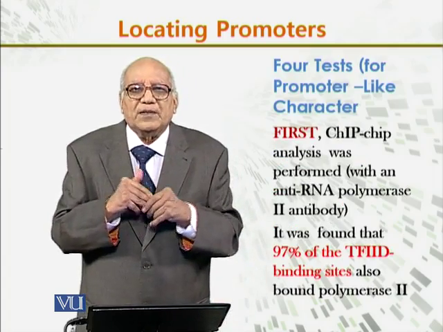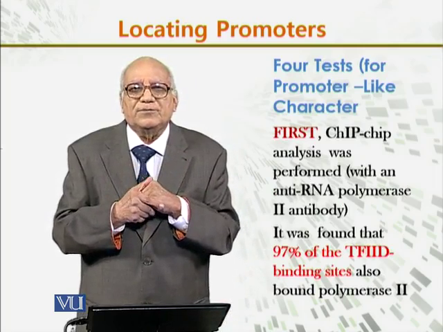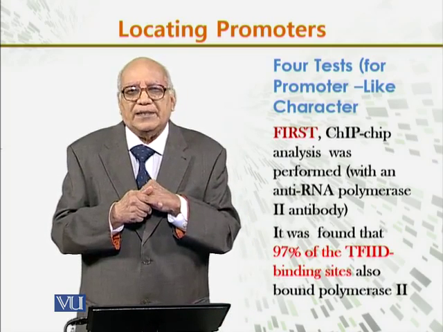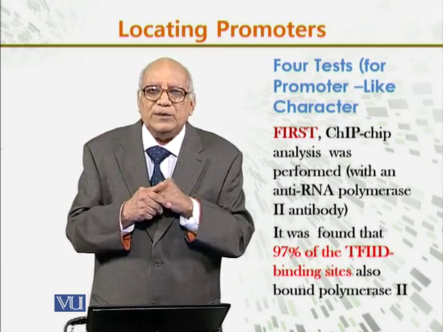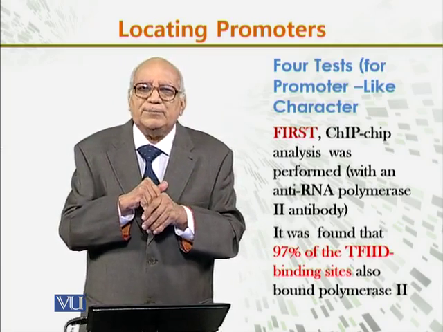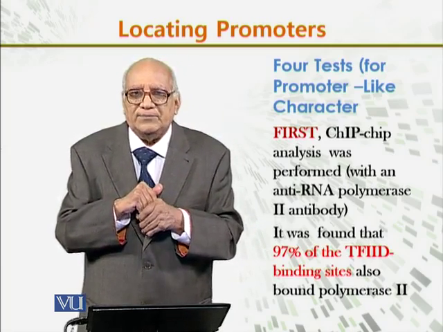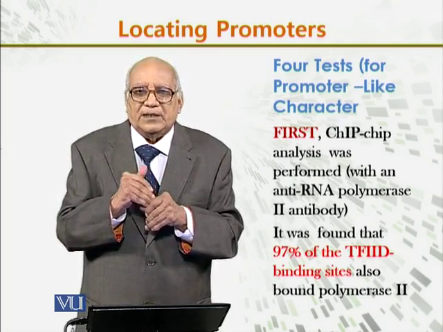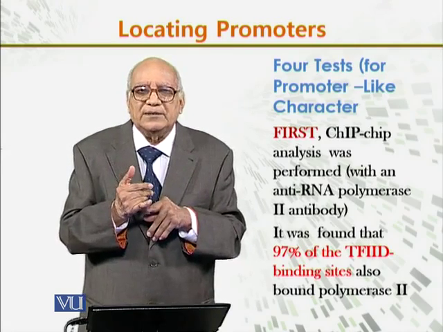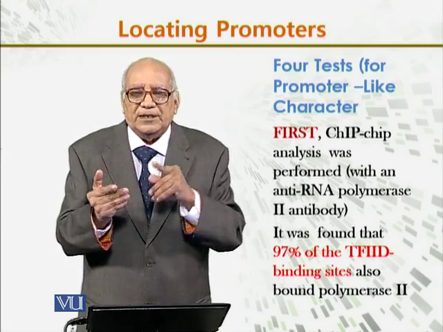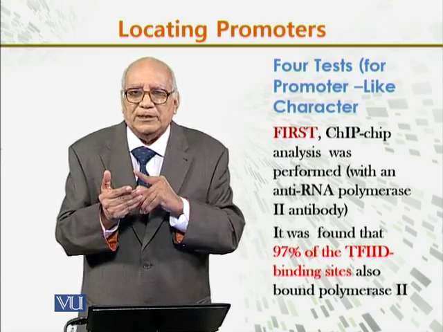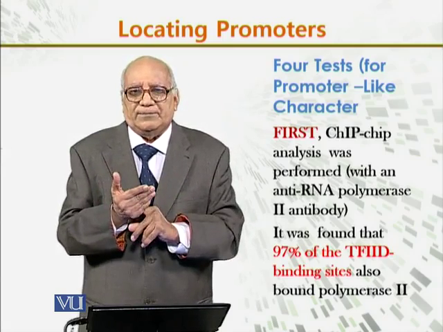And there were 4 tests for promoter-like characters. That's how we can find out that these promoter characters are there. The first test was that ChIP-chip analysis was performed with an anti-RNA polymerase II antibody.